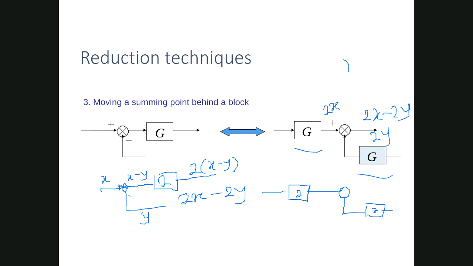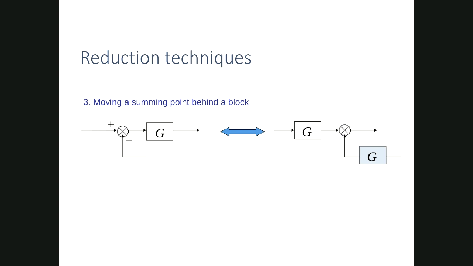I don't know if this makes sense, because at this point, if we have input U, output Y, this is G into U minus Y. Here we'll have GU, here we'll have GY, and this place is still G into U minus Y. So whenever you need to move a summing joint behind a block, you have to multiply each of the signals going into the summing joint by the transfer function of the block.